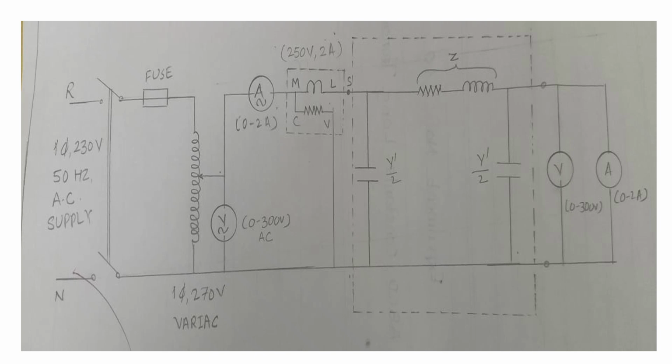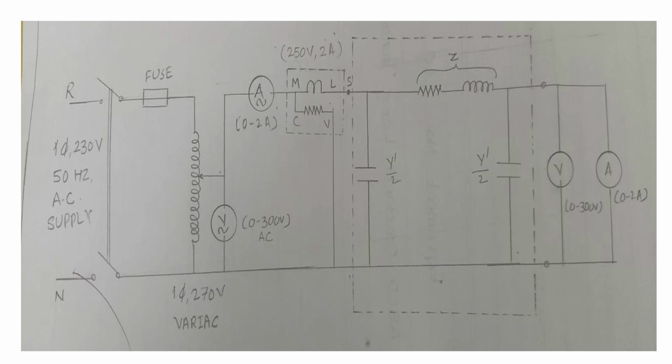So what we'll do in this experiment, while calculating the ABCD parameter, we need to measure the sending end parameter as well as receiving end parameter, that is sending end voltage, sending end current, and receiving end voltage and receiving end current. But for calculation of the ABCD parameters of the transmission line, we need to connect this transmission line under no load as well as under short circuit condition.